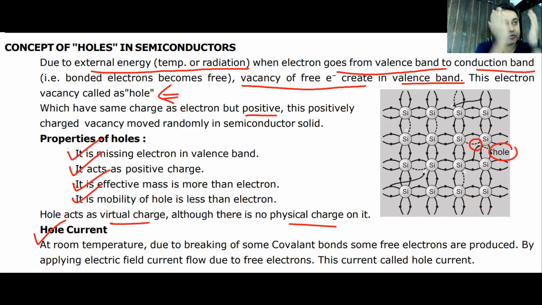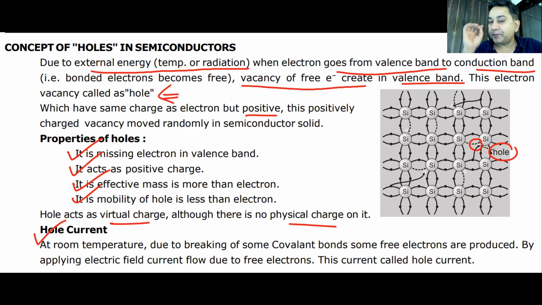If it consists of pure silicon and germanium, the conductivity is going to be very less. Do we understand this? Yes, sir. The question is, how can we increase the conductivity of the semiconductors?